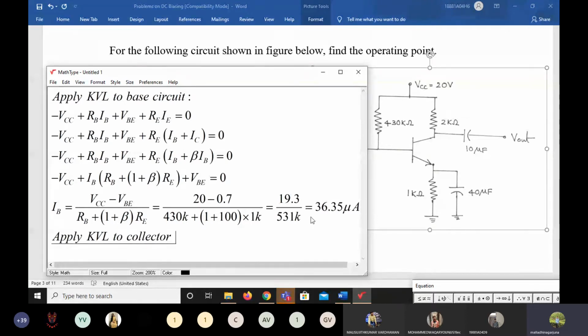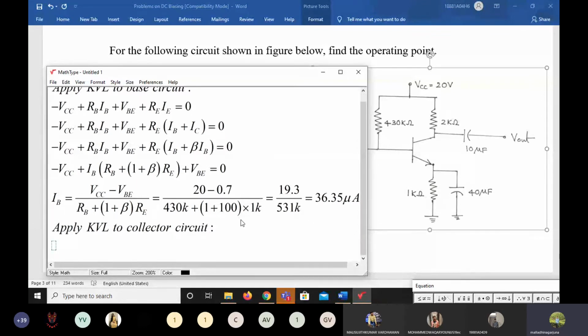If you apply again, minus VCC, now it is coming through the RC resistor, so RC into IC plus VCE, the voltage drop between collector and emitter, and RE into IE equal to 0.